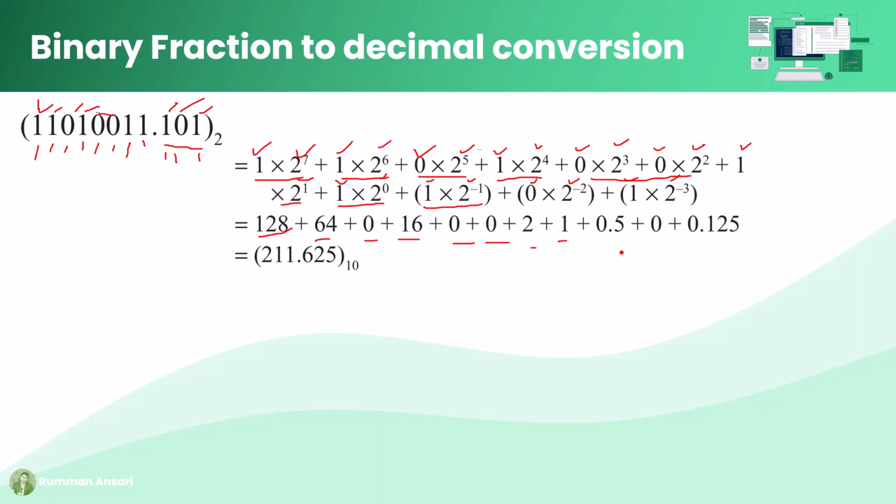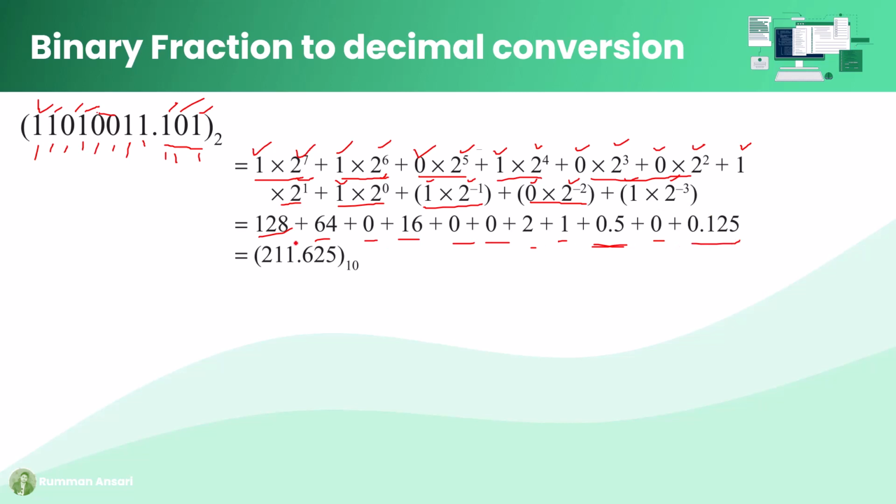Then we calculate the fractional part in the same way. 1 into 2 to the power -1: 2 to the power -1 means 1 by 2, so it will be 0.5, because 1 by 2 equals 0.5. Then again 0 into something will be 0, and 1 into 2 to the power -3 equals 0.125.